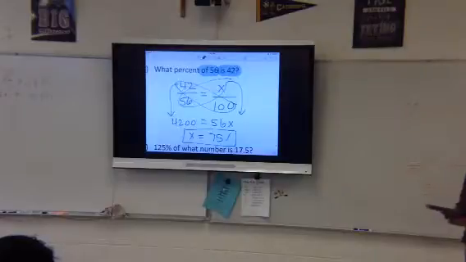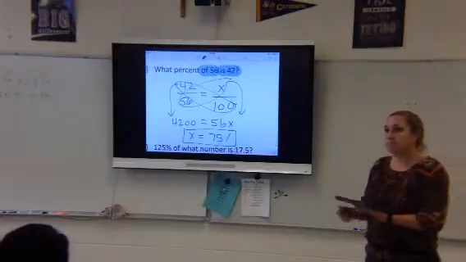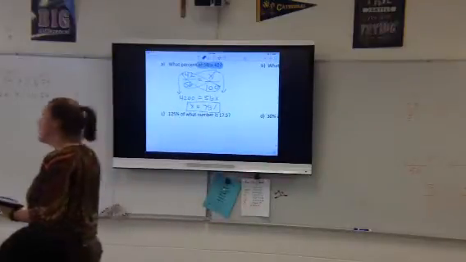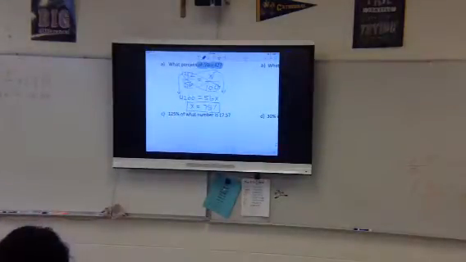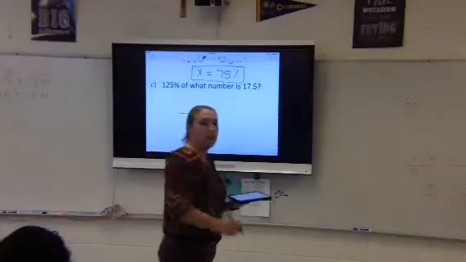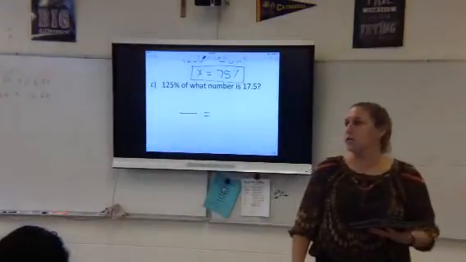Okay, does anybody have a question on the first one? Okay, so let's try again, still using the same model, okay? So 125% of what number is 17.5? Okay, so let's start with our is over of part. So what's going to happen on the first part of my proportion here?